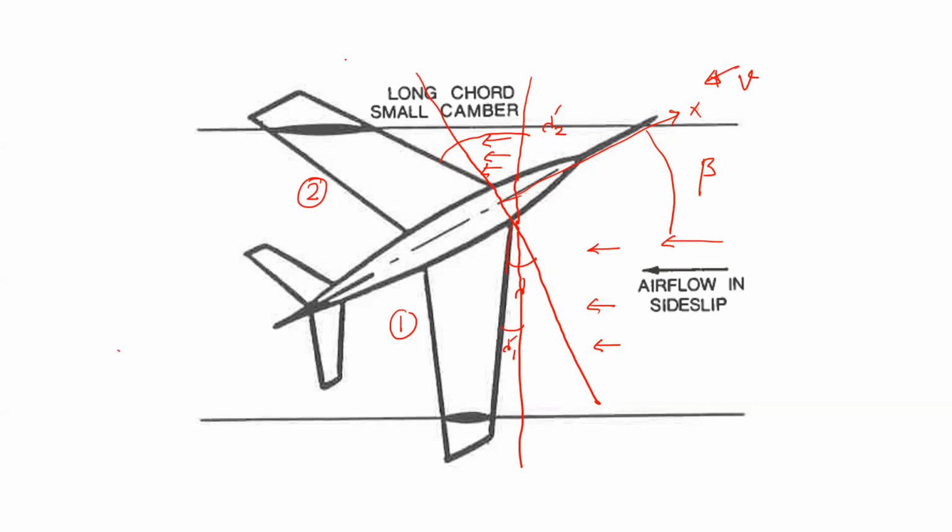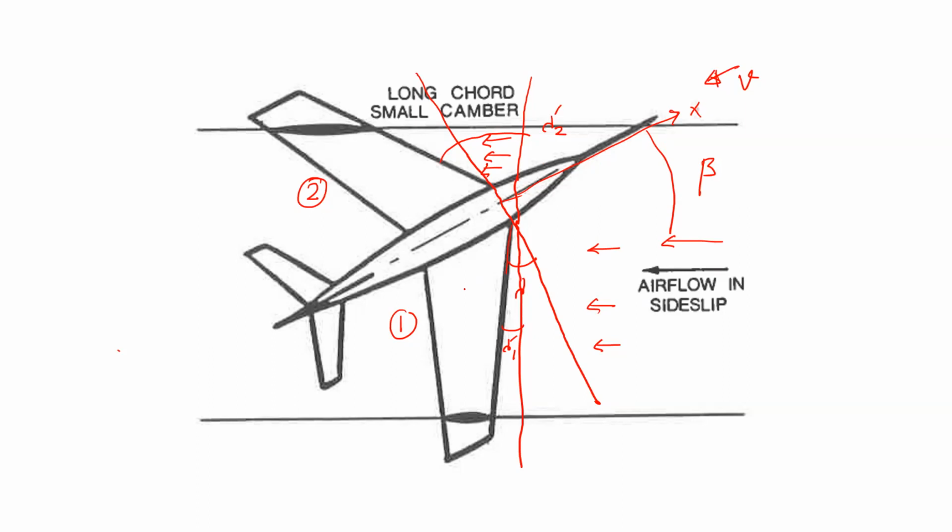Does anyone disagree? If sweep back is decreasing, there is more chord wise flow, and that is going to generate more lift. On this part, sweep is increasing, which means less chord wise flow, and therefore lift is going to decrease. Now, if you're receiving beta from this side, definitely which wing is downwards?